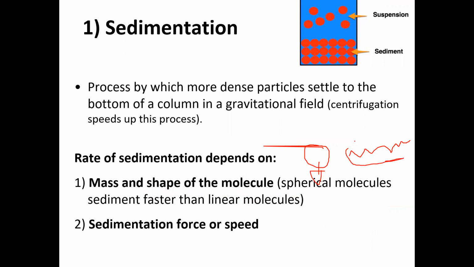And I'm sure you guys know why. Because the linear molecule is gonna hit the sides of the tube. So its movement to the bottom via gravity will be retarded. It will move slowly, it will be obstructed. Whereas the sphere will move faster because it will have little friction with the sides of the tube.